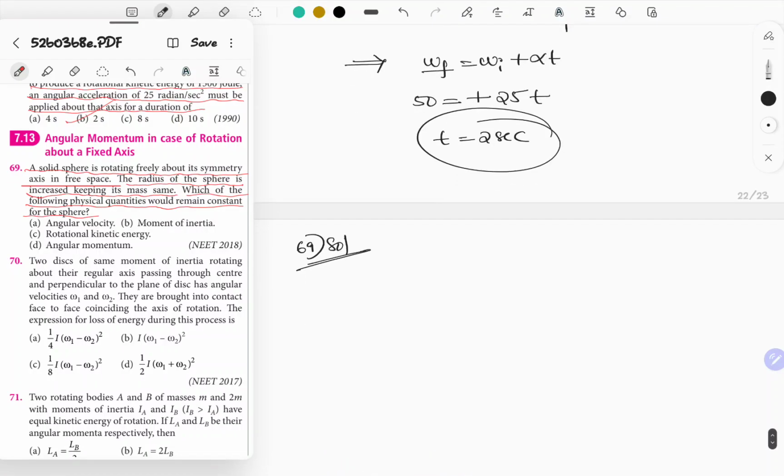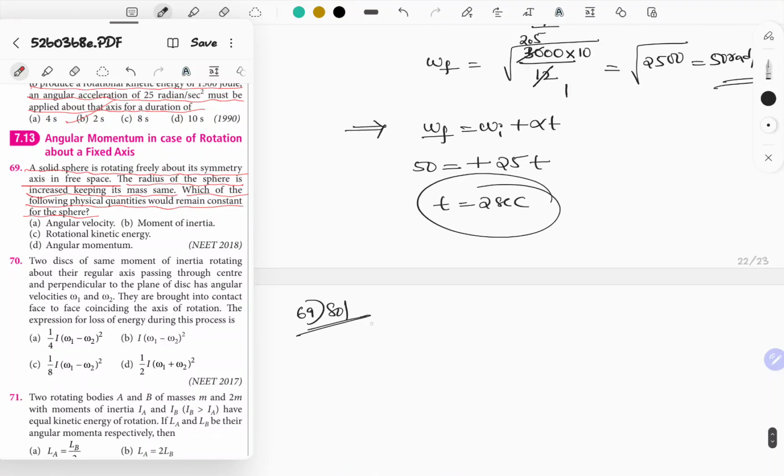Very good. So the very first point I would like to give you before solving questions based on angular momentum is the torque relation with respect to angular momentum, that is tau is equal to dL by dt. Majority of the numericals we are going to solve are based on conservation of angular momentum.